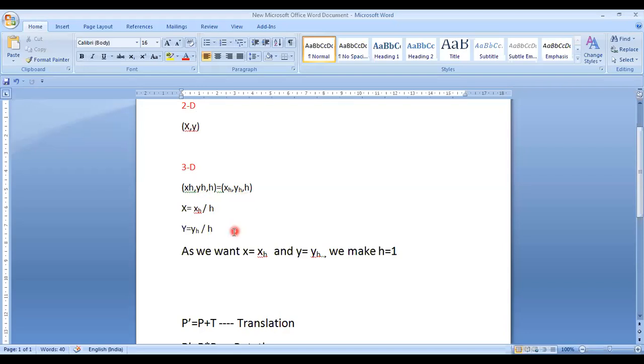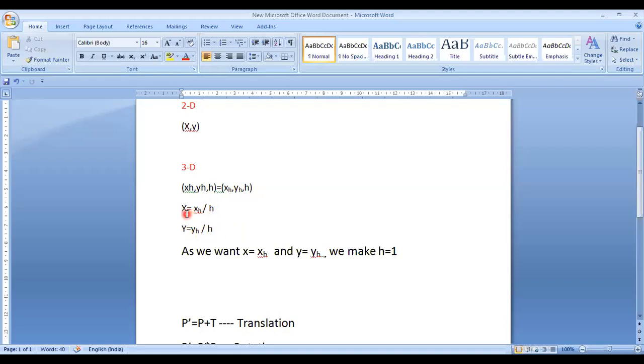So what is x? xh is equal to this xh, yh is equal to this yh, and h is equal to this h. So my x becomes xh divided by h, and y becomes yh divided by h.